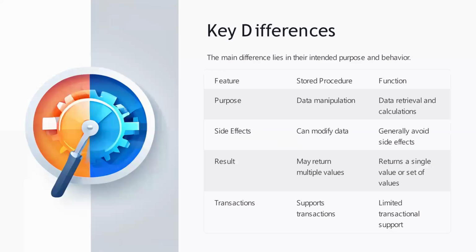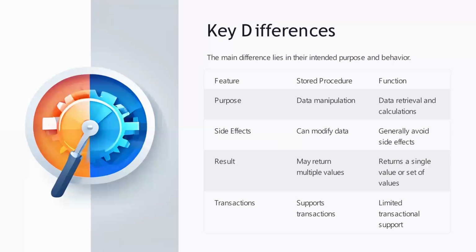Next, we are going to see the key differences between a stored procedure and a function. The purpose of a stored procedure is data manipulation, whereas a function is for data retrieval and calculation. This is the major difference between them. Next, side effects: a stored procedure can modify data, while a function generally avoids side effects. Then return values: a stored procedure may return multiple values, while a function returns a single value or a set of values.